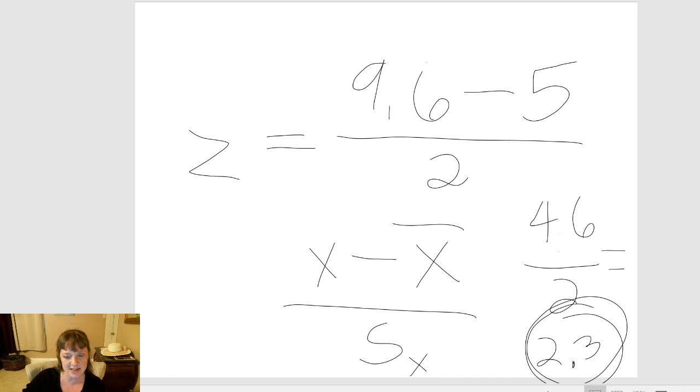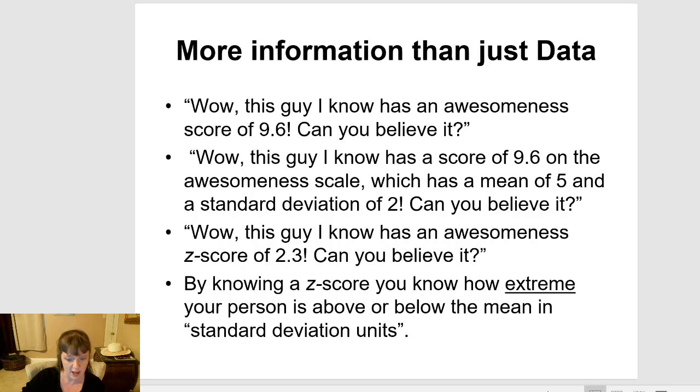And so that makes his score so much more interpretable, because this z-score tells me how extreme he is. It tells me in standard deviation units how many standard deviations. 2.3. Not 1 standard deviation away, not 2 standard deviations away, but 2.3 standard deviations away from the average. I now know how extreme he is. And 2.3 sounds pretty extreme to me. That suggests that he did awesome, that he is in fact much more awesome than average.